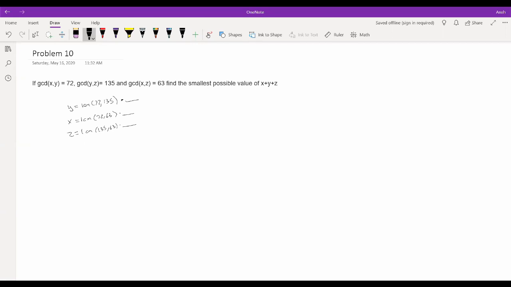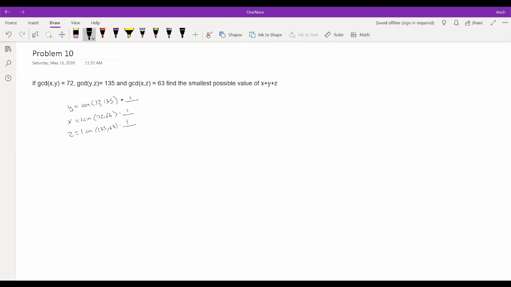So the smallest possible values would be when they are just equal to the LCMs, because if we multiply by some constant, it would increase. Since if you multiply by 2, it would just double.